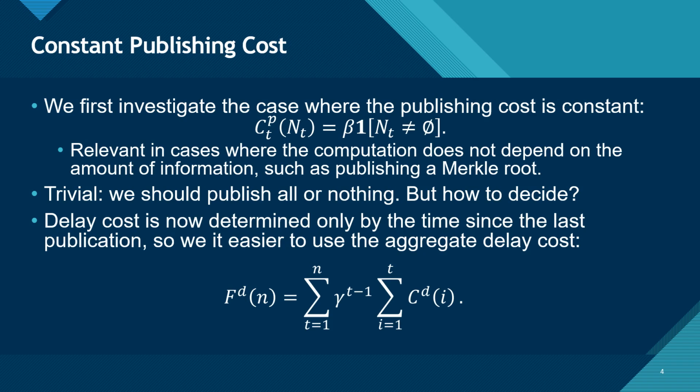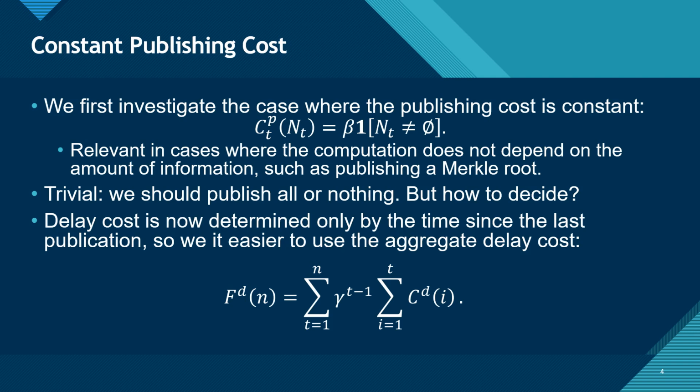So it's very easy to notice that if the cost is constant, then we should always publish all of the transactions we have, or nothing. Because if we publish one or publish 100, it's the same cost.